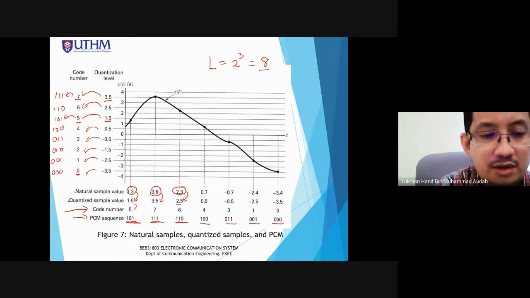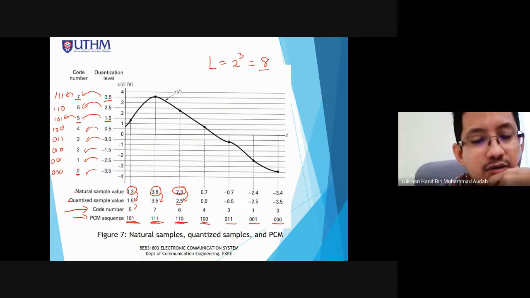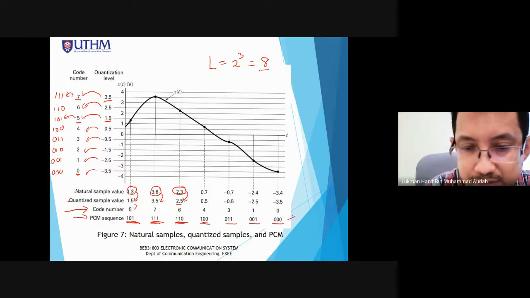Okay, nampaknya kalau you lihat di sini ada 7 times 3, lebih kurang 21 bits output of the PCM sequence for these 7 samples. Okay, so keluarannya inilah yang dipanggil sebagai PCM code word.